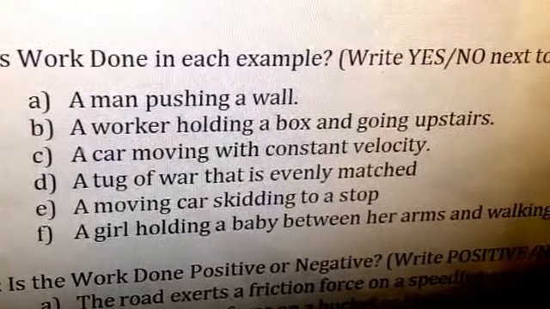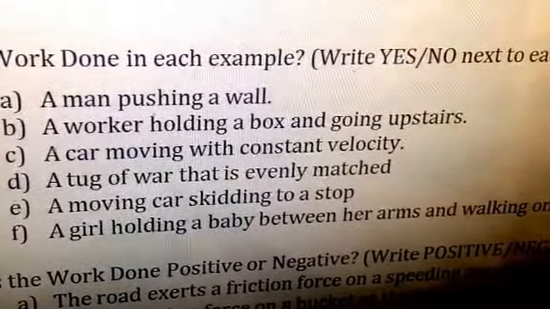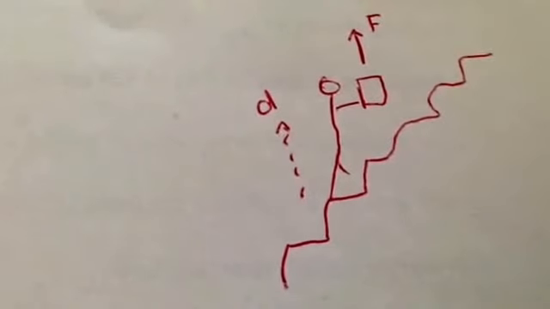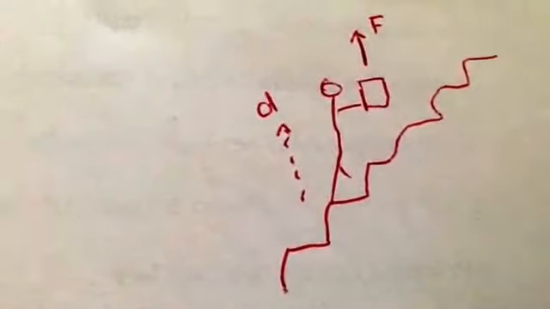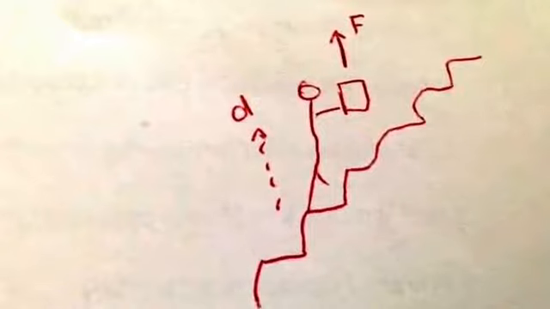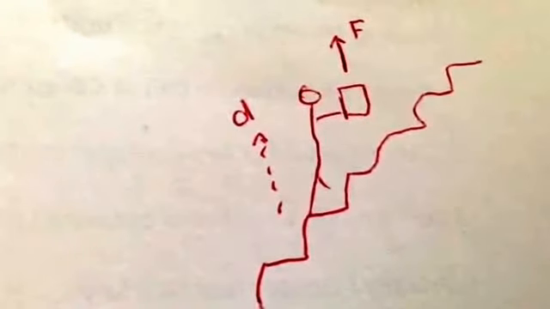A worker holding a box and going upstairs. In this case, the worker has a force upwards, so he's going upstairs, and he's also moving upstairs, so there's a distance. A force and a distance in the same direction is positive work done.